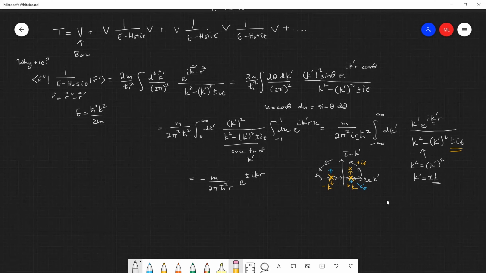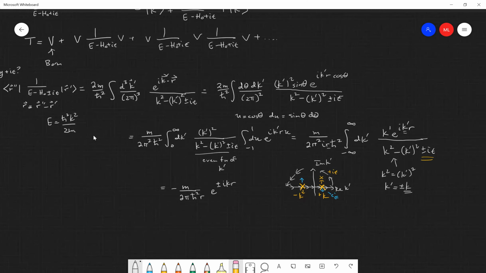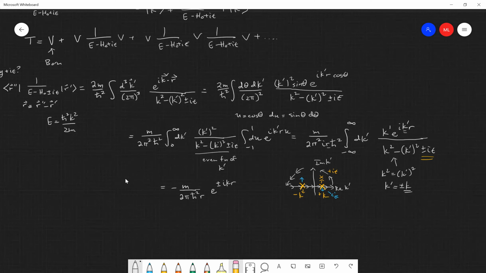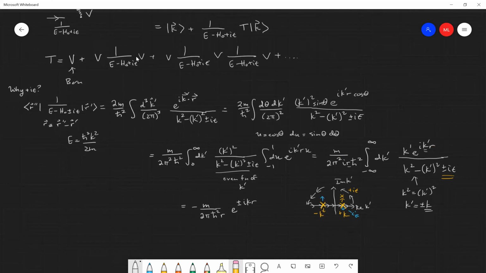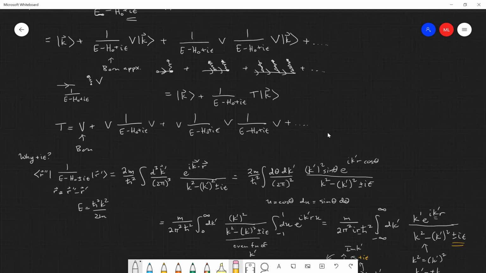And now that you know how this works, you could of course go back here and sandwich this between two position kets, and then stick in a bunch of completeness relations and work out what the higher order corrections are to the Born approximation if you wanted.